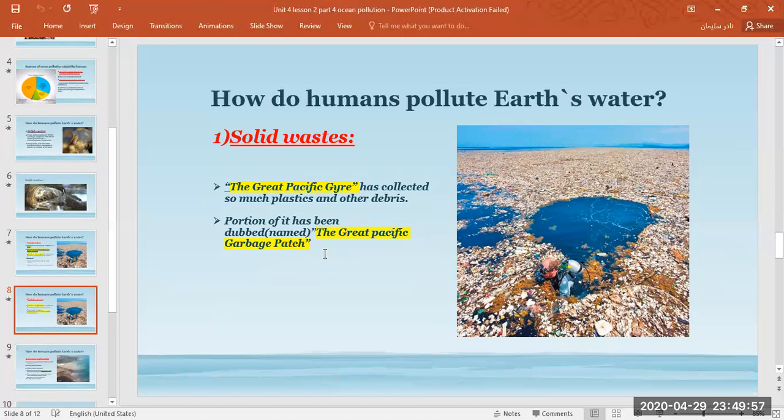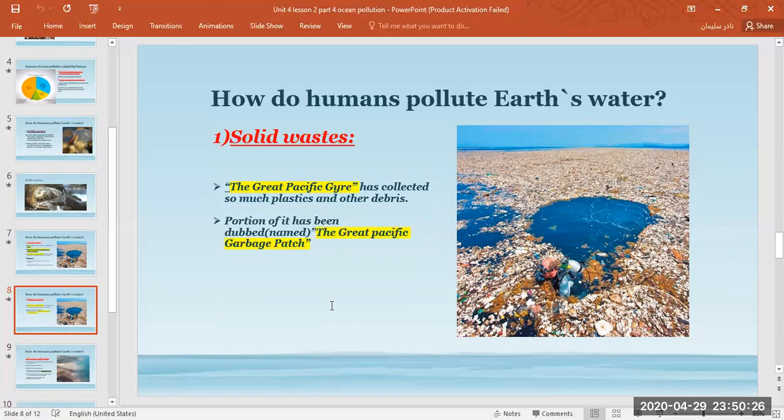So the Great Pacific Garbage Patch is an area of great solid wastes in the Pacific Ocean within the Pacific Gyre. So this is now named Great Pacific Garbage Patch. It holds too much plastics and too much other wastes.